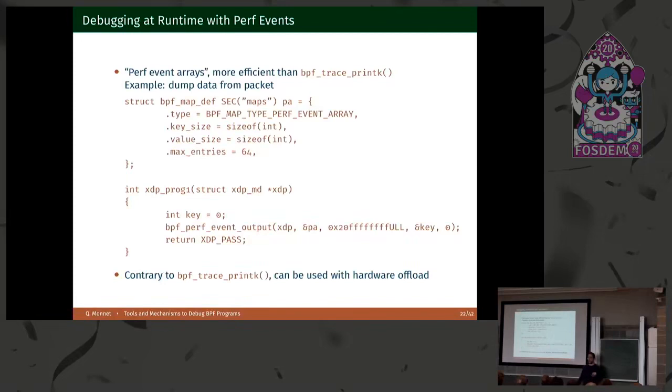Or you could use that to send the flow of data, like for tracing each time a system call is called, and you want to print the arguments for that system call. It's also possible to use perf event arrays to notify the user space, and user space can print them into the console. So you could have something that's close to a trace, at least in appearance, somewhat similar. And one of the advantages of this is that it can be used with a hardware offload for network processing too.